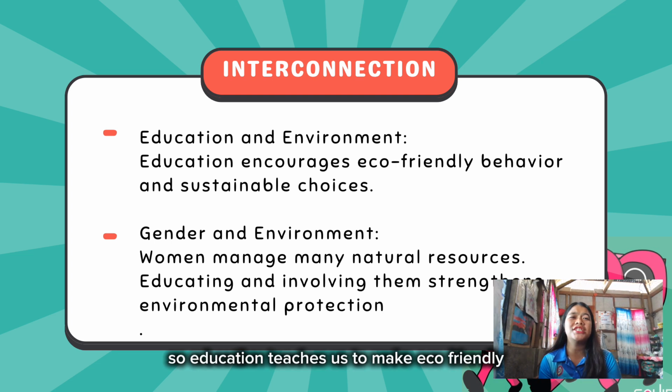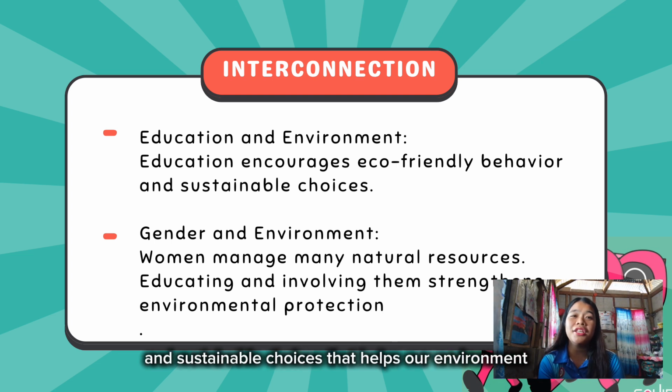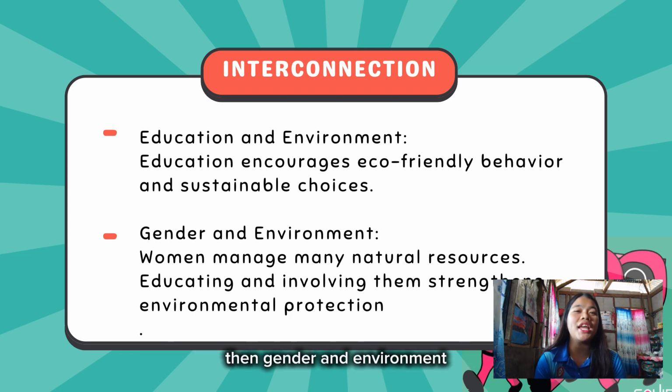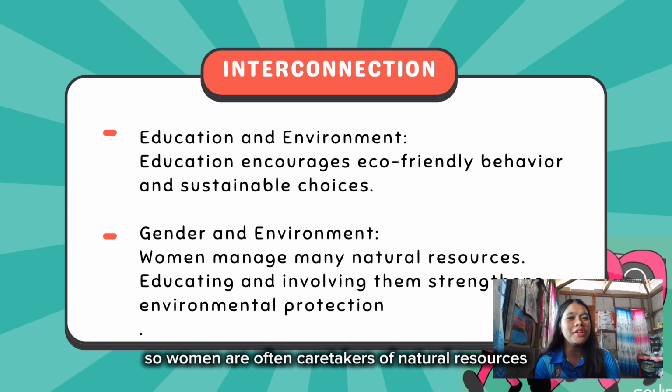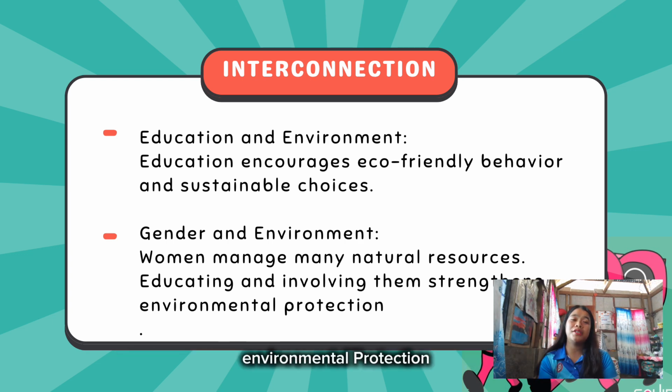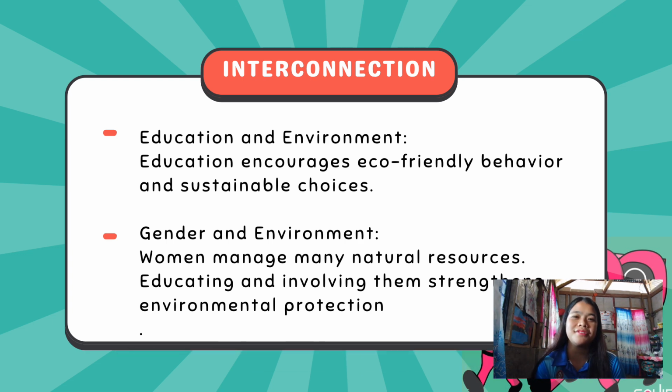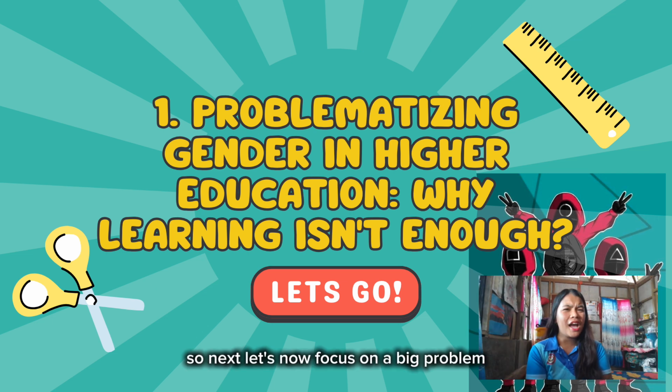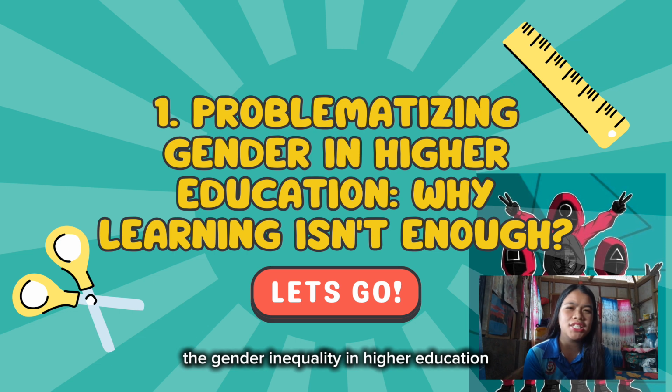Education teaches us to make eco-friendly and sustainable choices that help our environment. Then gender and environment. Women are often caretakers of natural resources. Educating and involving them means stronger environmental protection.